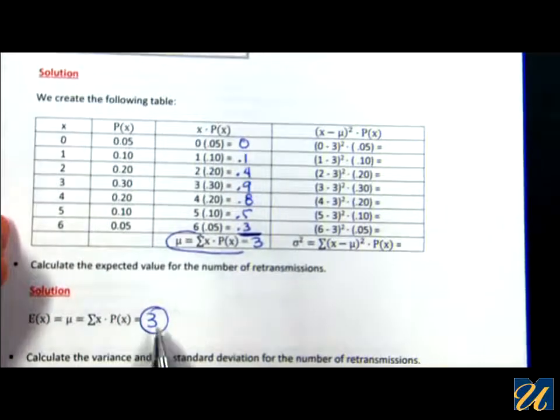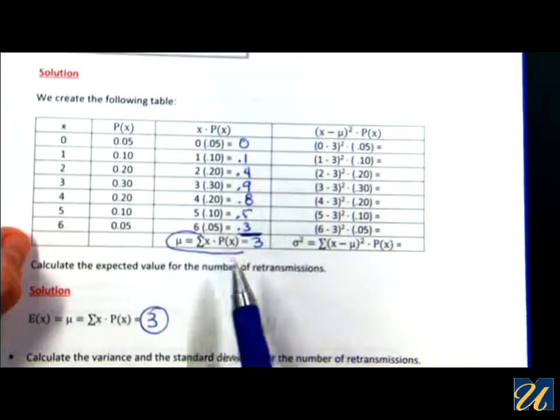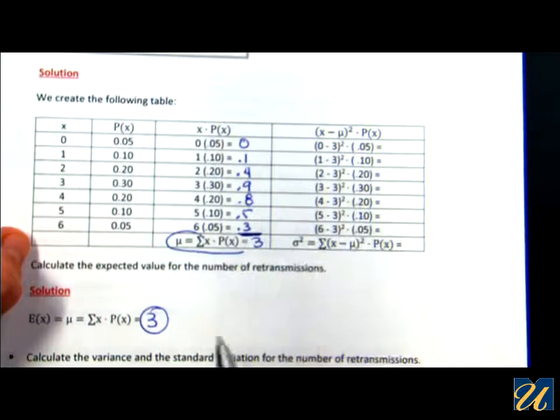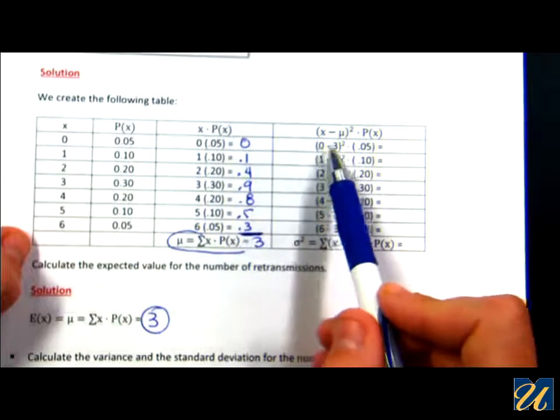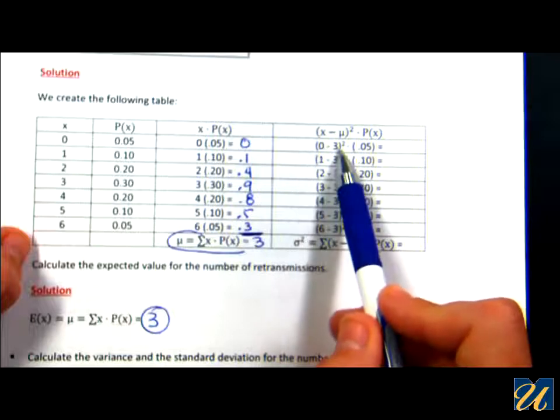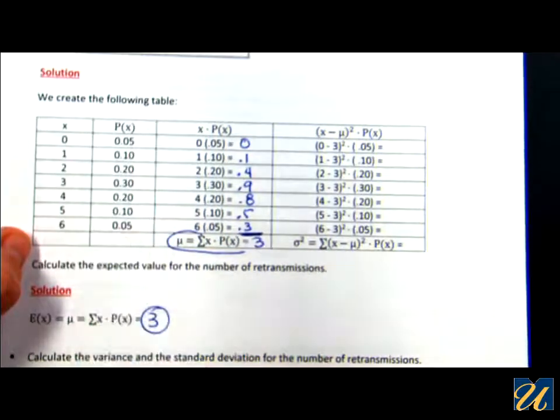Now, you take the average, and again, always make sure that your calculations for your average, your expected value are correct, because you will be using it for the variance and the standard deviation. For each outcome, you will subtract the expected value, square it, and then calculate it with the corresponding probability.